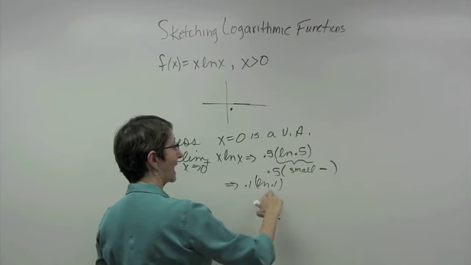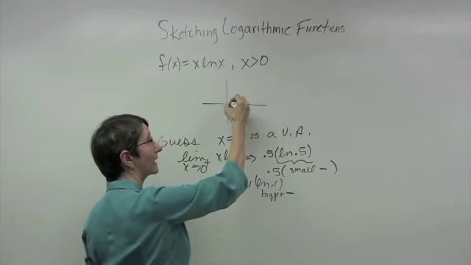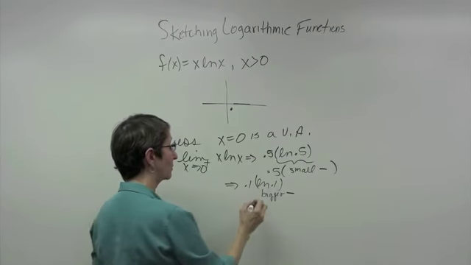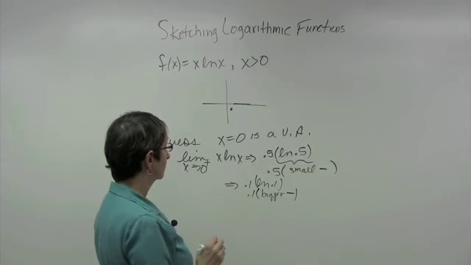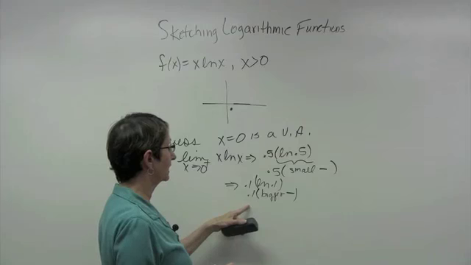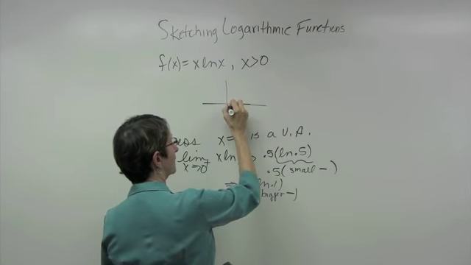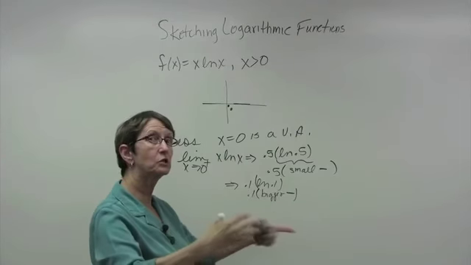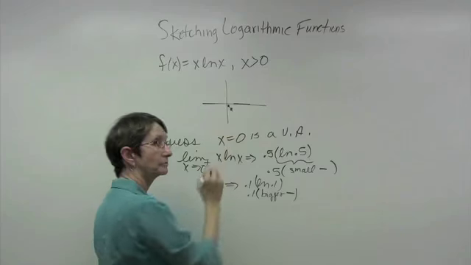This is a bigger negative number because remember the graph got lower as we got close to zero, and this is just 0.1. So if I have a bigger negative number multiplied by 0.1, I actually end up with a smaller negative number because 0.1 is much smaller than 0.5. So my numbers are going this way.